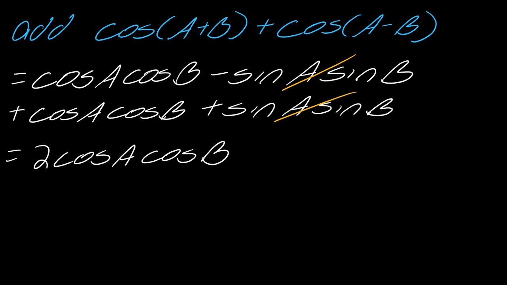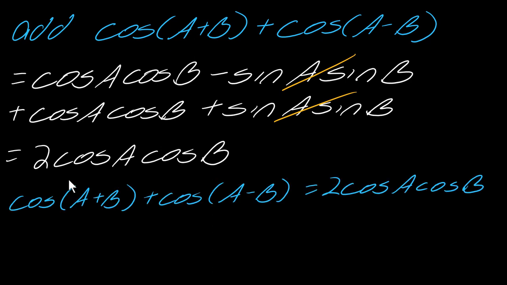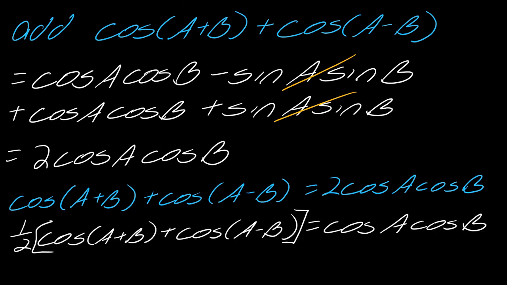And so this produces a couple of different identities as a result. So first of all, I have that cosine of a plus b plus cosine of a minus b equals 2 cosine a cosine b. Or if I wanted to manipulate this, I could write this as 1/2 of this whole side. So just divide both sides by 2, basically equals cosine a cosine b. So it just depends on how you want to look at things, I guess.